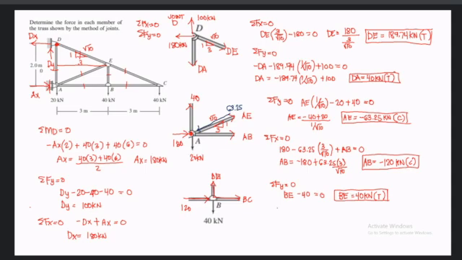And then if I use summation Fx equal to 0, you have 120 and you have positive BC. Only the two of them, so solving for BC, it is equal to negative 120 kilonewton, so meaning it is under compression.